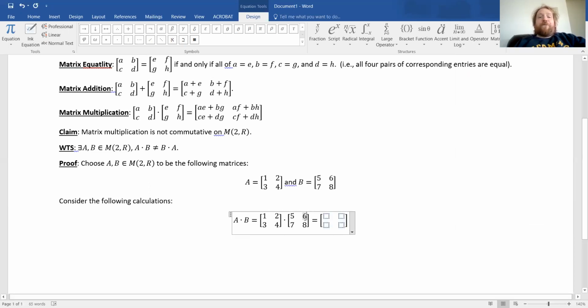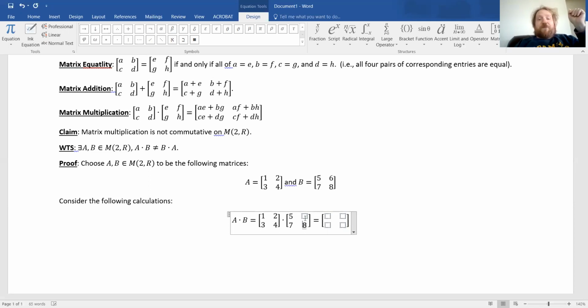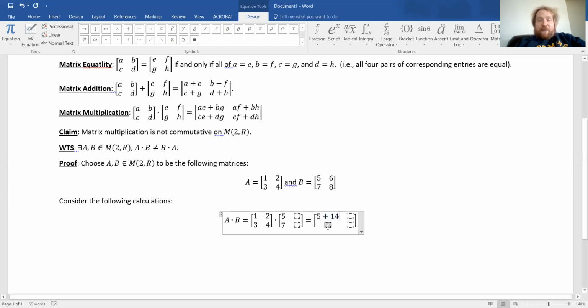And we'll figure out the first column first, again doing the matrix times vector product. So 1 times 5 is 5, plus 2 times 7 is 14. And then 3 times 5 is 15, plus 4 times 7 is 28.